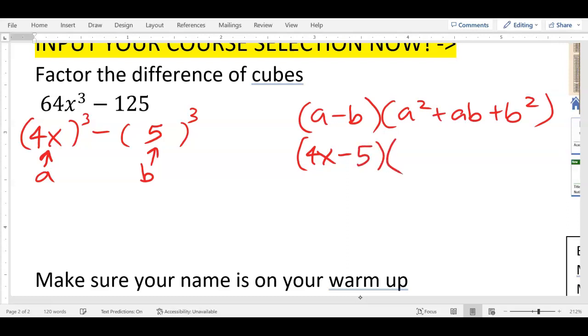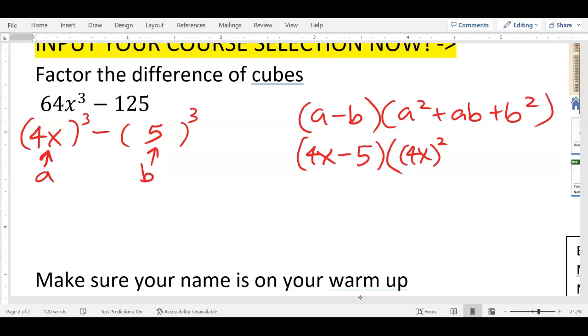Now this next part can be a little tricky. It says A squared. So what am I squaring? 5? No, 4x. So I need to square the 4 and the x. So here's what I'm going to write. Put in parentheses again, 4x squared.